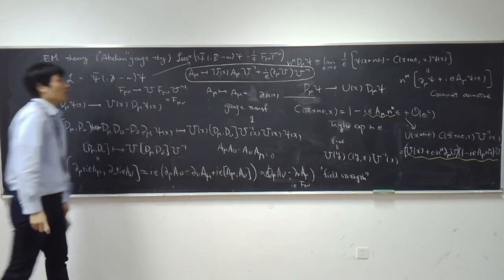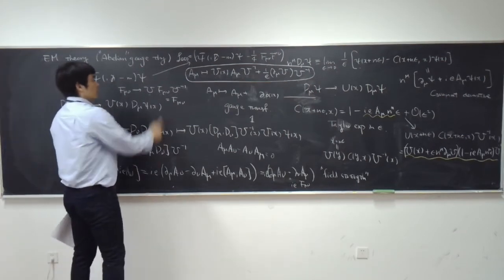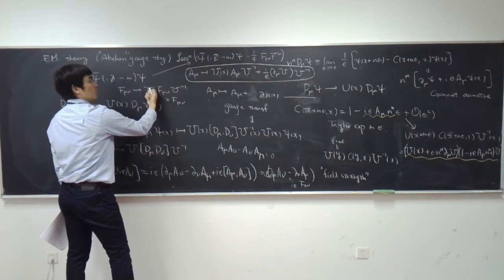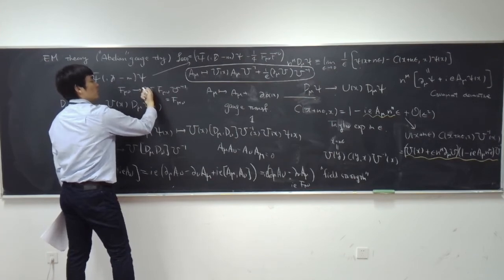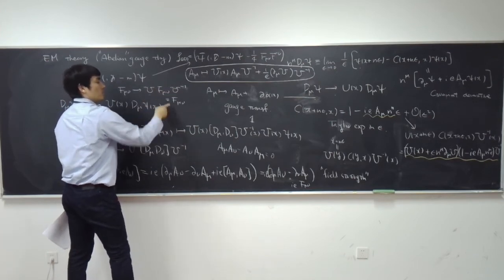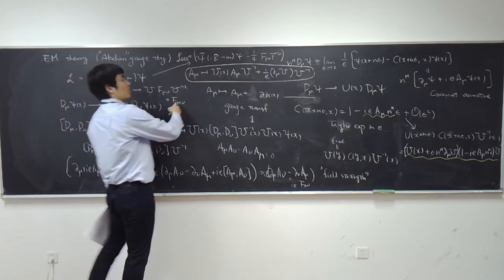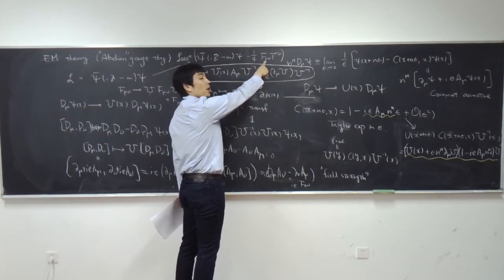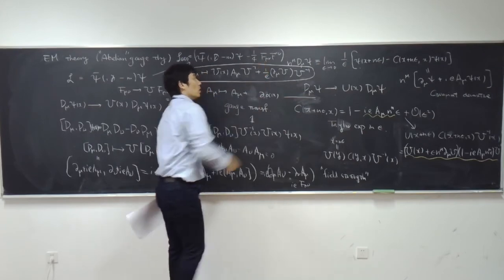Therefore you can bring U inverse to the left or bring U to the right and they cancel each other, so it's just F mu nu. Therefore, unlike the local U(1) gauge transformation of A, this part is invariant under the gauge transformation.